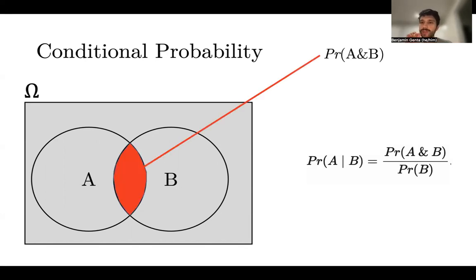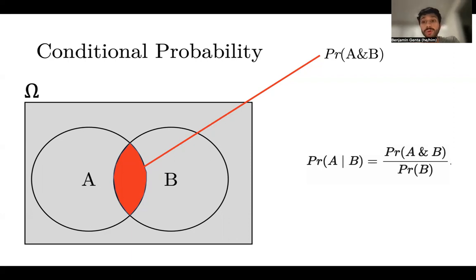So remember that I'm not asking you just what the probability of A and B is, right? That's the part that's shaded red over here. And in the example of the 6-sided die, I wasn't asking you, what's the probability of it landing high and even?